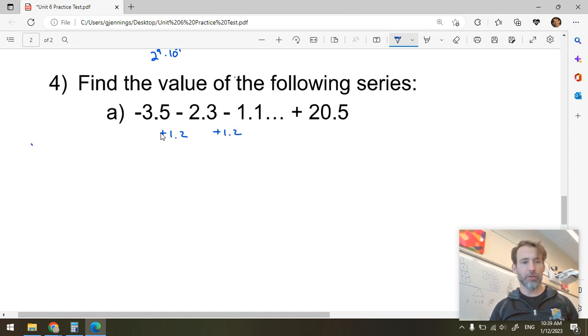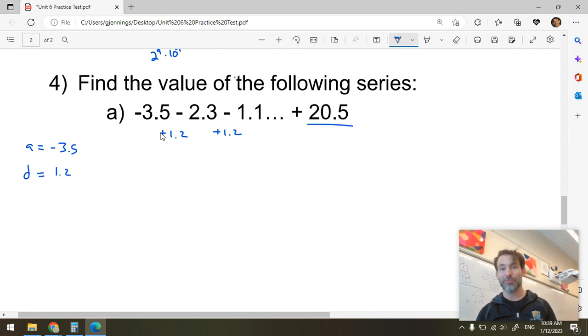Okay, so I know that my first term is negative 3.5, and my common difference is plus 1.2. And the number of terms is, I don't know how many. So let's find out how many terms I would need to get 20.5 as my final term.